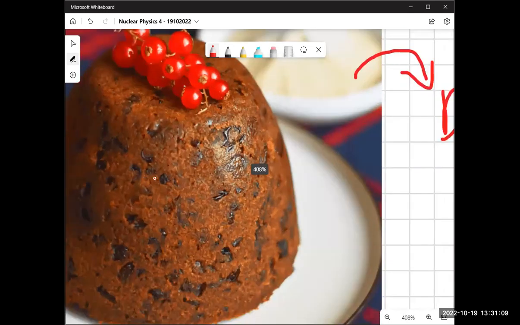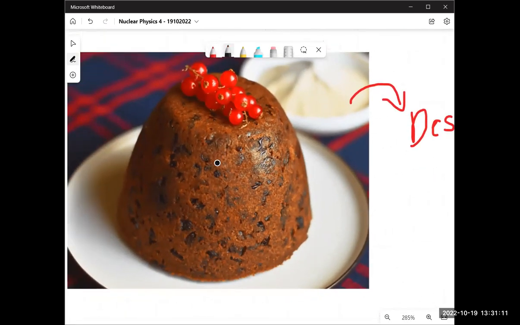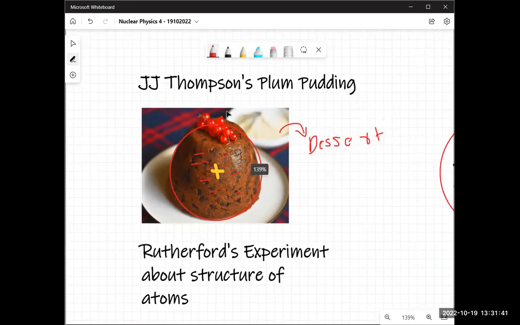Now, if you look at this pudding, you'll realize that these small raisins inside this are like the electrons, the negative charges. All of these raisins, and this whole thing is my atom, which is positive. Inside this positive atom, I have these raisins which are like negative. That's what the plum pudding means.